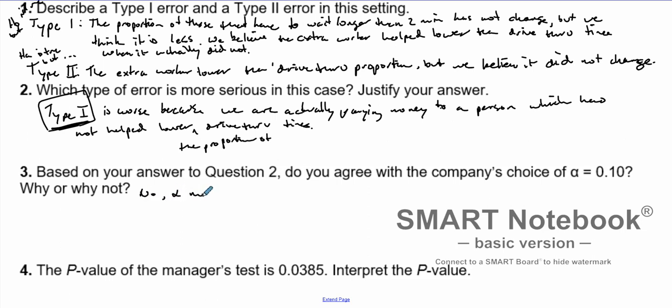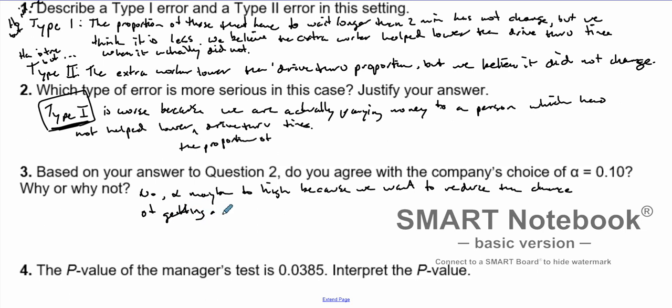Alpha may be too high because we want to reduce the chance of getting a type 1 error.